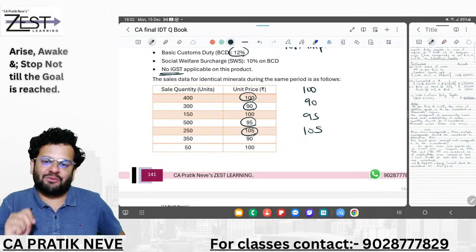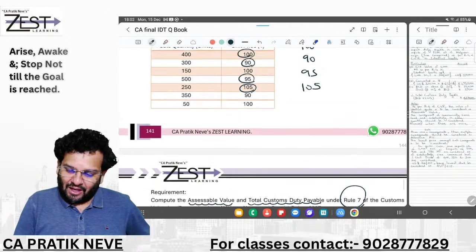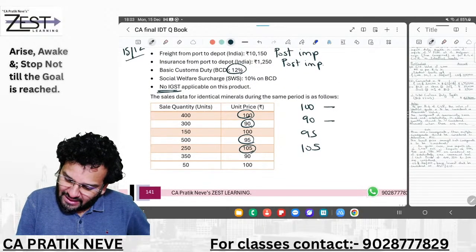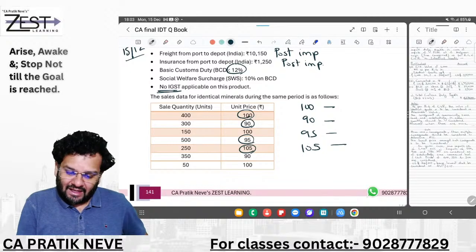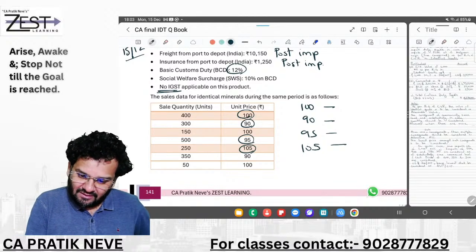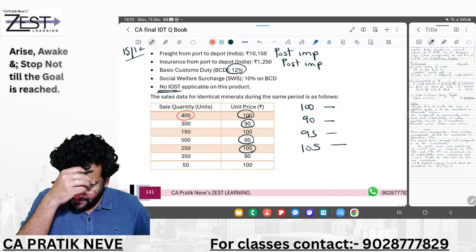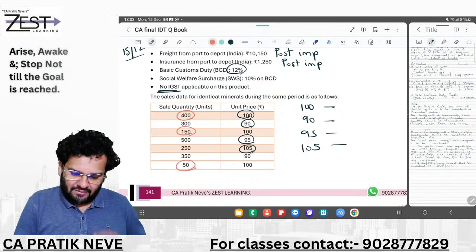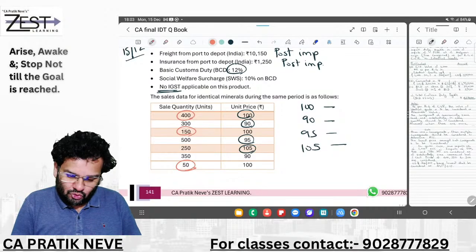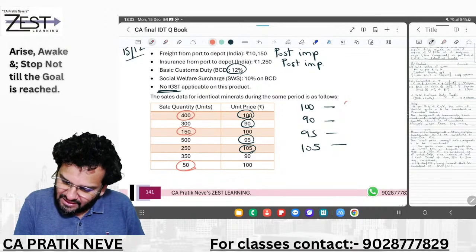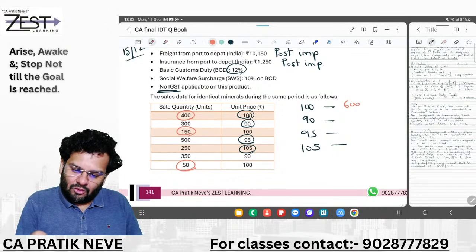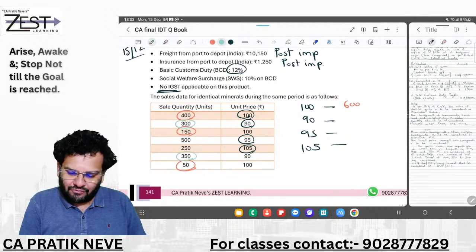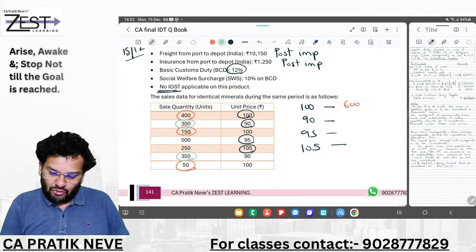There are 4 possibilities. Now you check how many units are sold at each price. At 100, you can see 400, 150 and 50. So it comes to 600. Okay, at 90, this 300 and this 350. So it is 650.